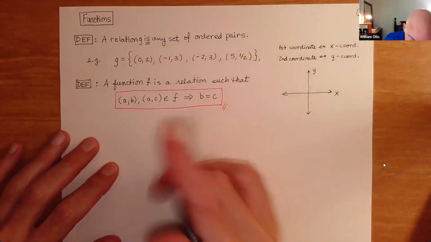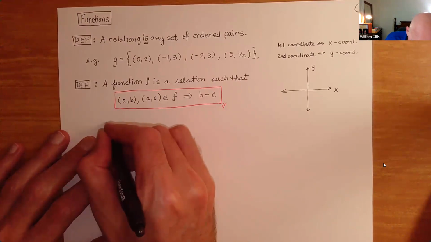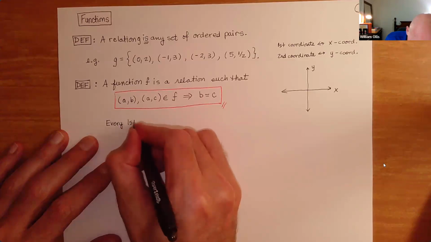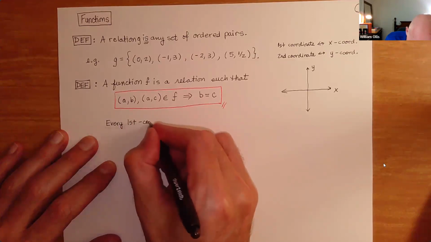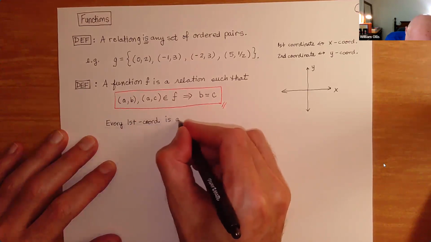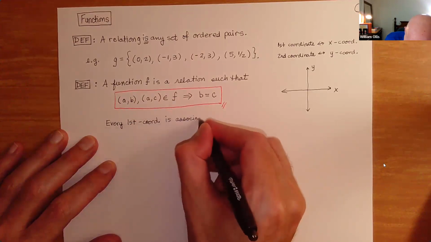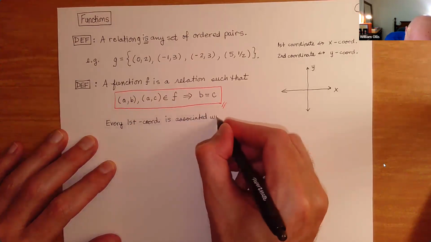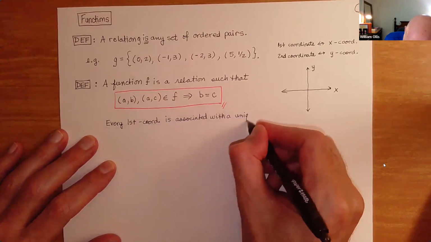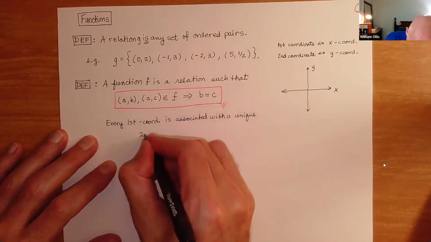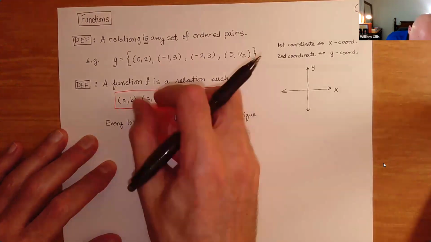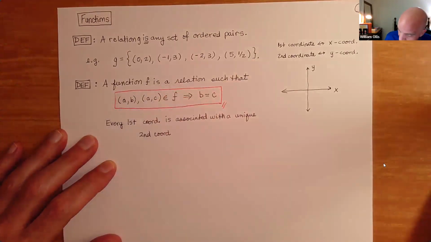So what we can think of in this particular case, every first coordinate is associated with a unique second coordinate. And I don't need that hyphen there. We're assuming we would just do X and Y.